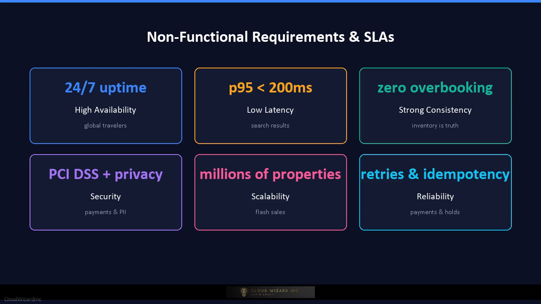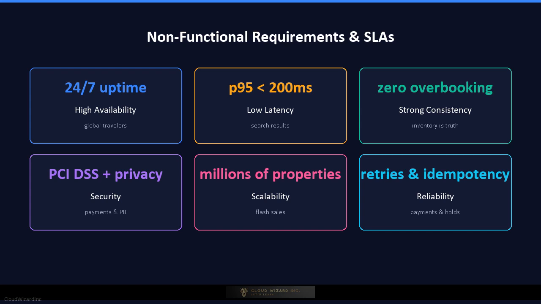Now the non-functional requirements. The system must be highly available, because travelers book at any time from any time zone, and even a few minutes of downtime can mean lost revenue. It must deliver low-latency search results, ideally under a few hundred milliseconds, to keep users engaged.